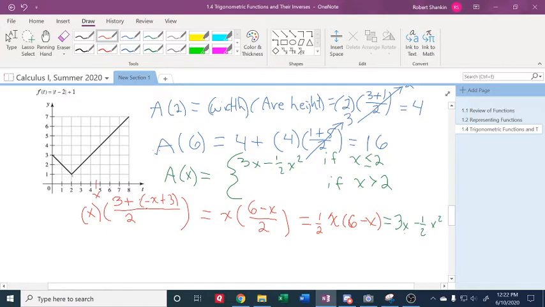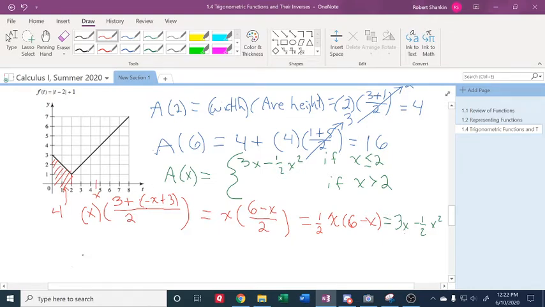Now, I know that the area over here is 4, because that was x equals 2.